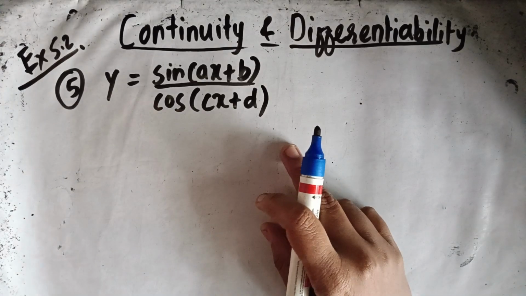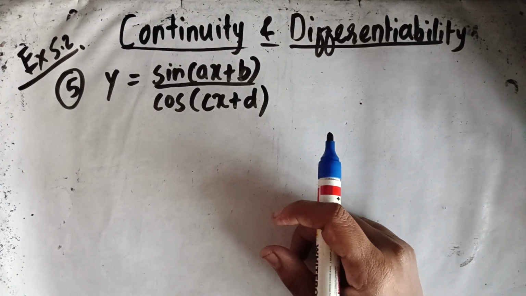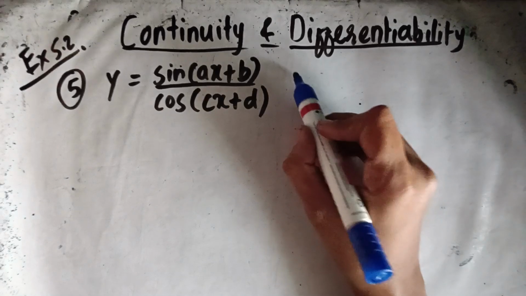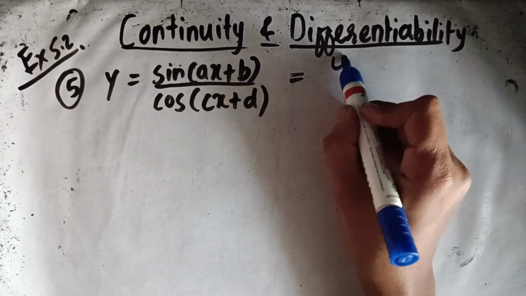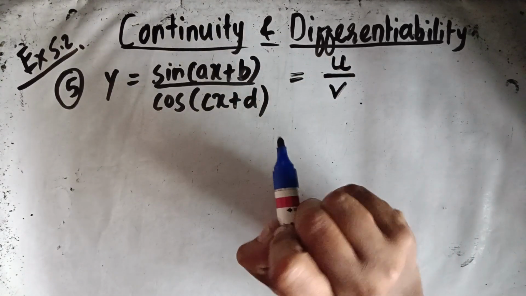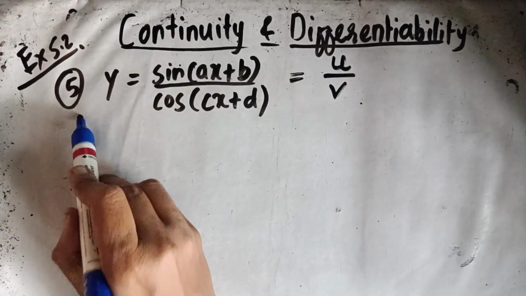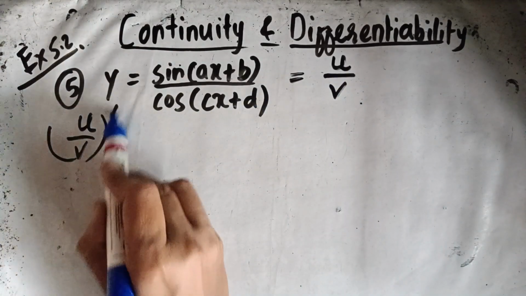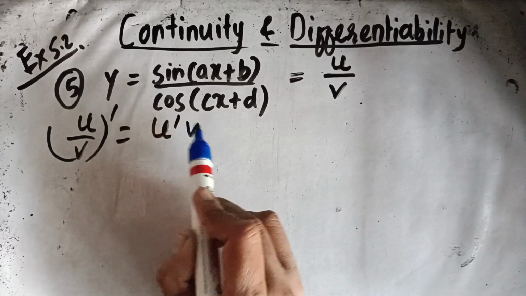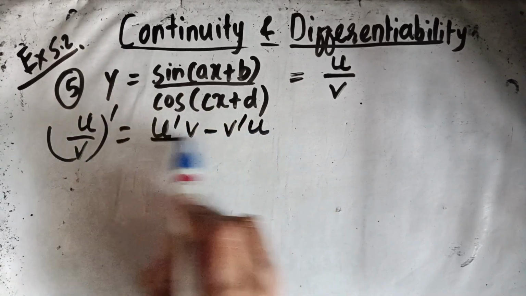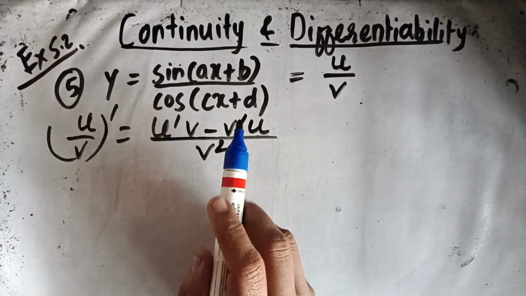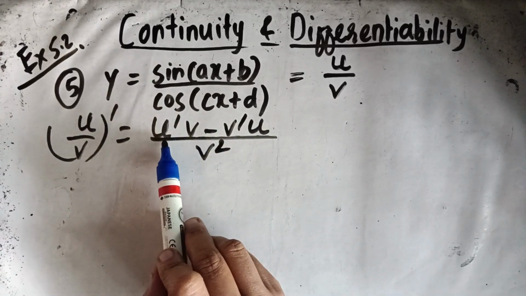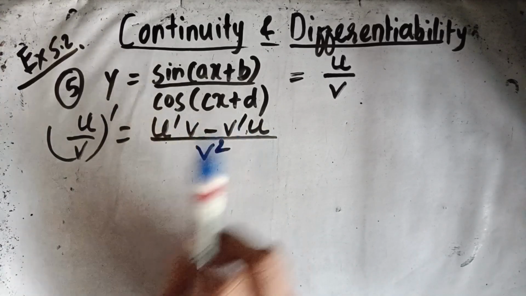Next question: sine of ax plus b upon cos of cx plus d. Here you have to use the u by v rule: u by v is u dash v minus v dash u upon v square. First find u dash and v dash and then substitute.